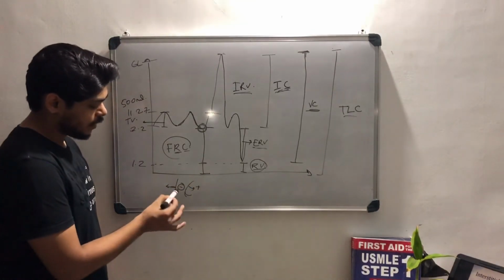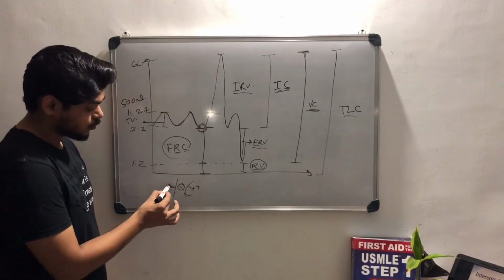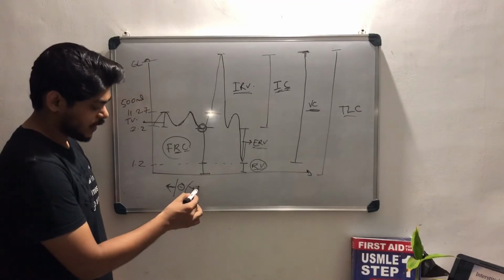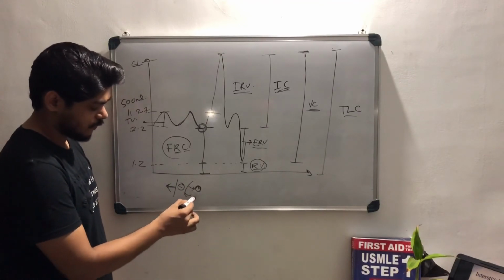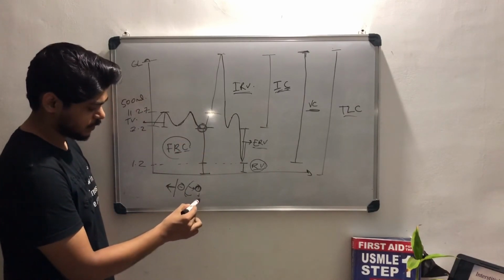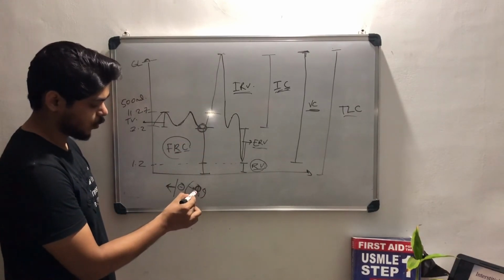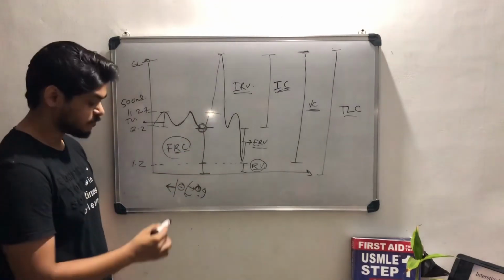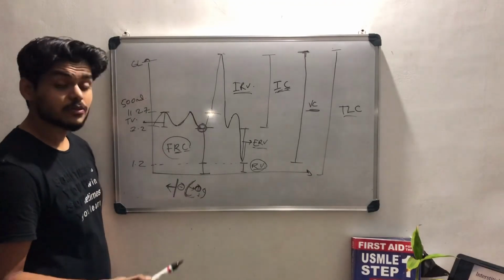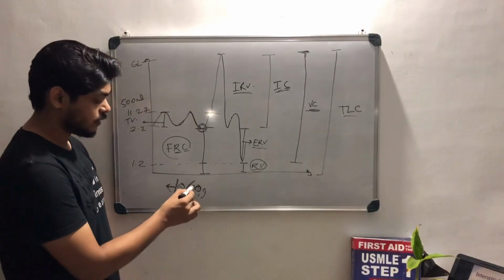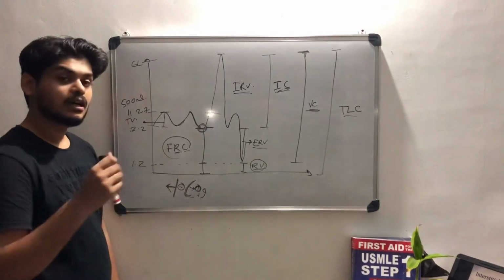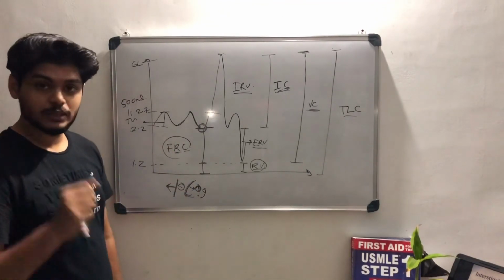So the chest wall is pulling outside so as to make this 0. And when will it be 0? At this point. The positive pressure is turned to 0 at this point. So it's balanced. The chest wall pressure balances the lung's tendency to collapse, making the pressure inside the lungs equal to atmospheric pressure.